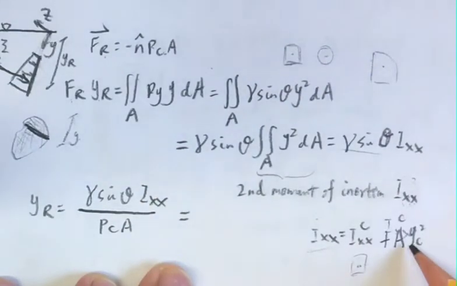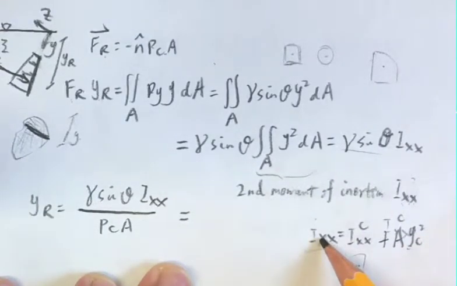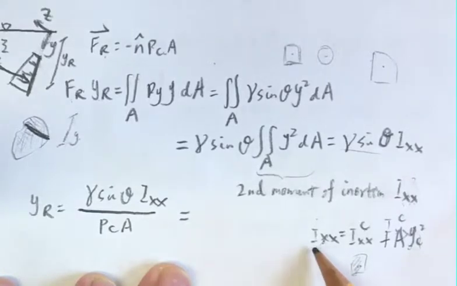Yc, you know what Yc is, right? Yc is the distance from the point we are speaking about to our centroid. And A, of course, is the area of the shape. Ixx equals IxxC plus A times Yc squared.